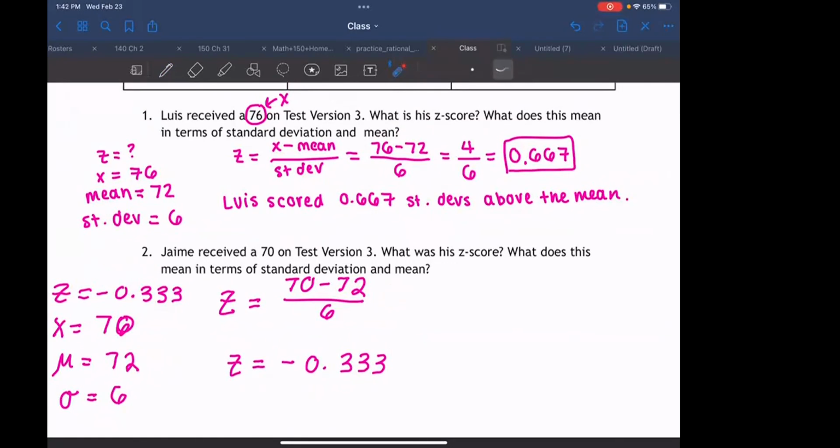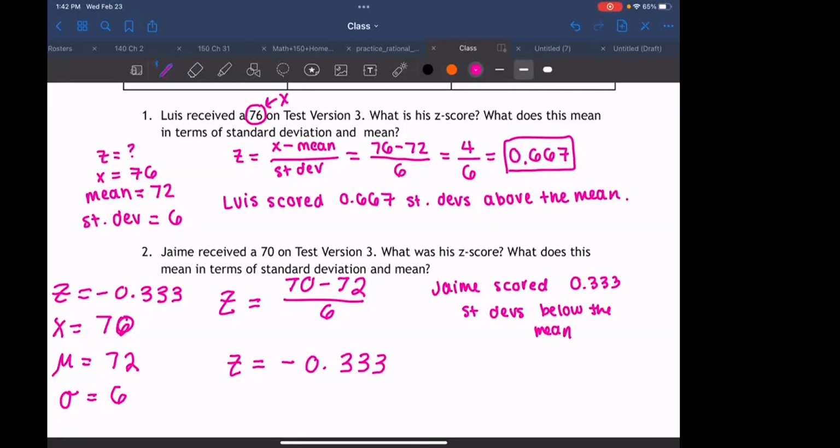Awesome. Let's talk about what this means. Z is negative, so that means we're below the mean. So Jamie scored, I'm going to write 0.333 standard deviations below the mean. I'm going to be a little nitpicky here.